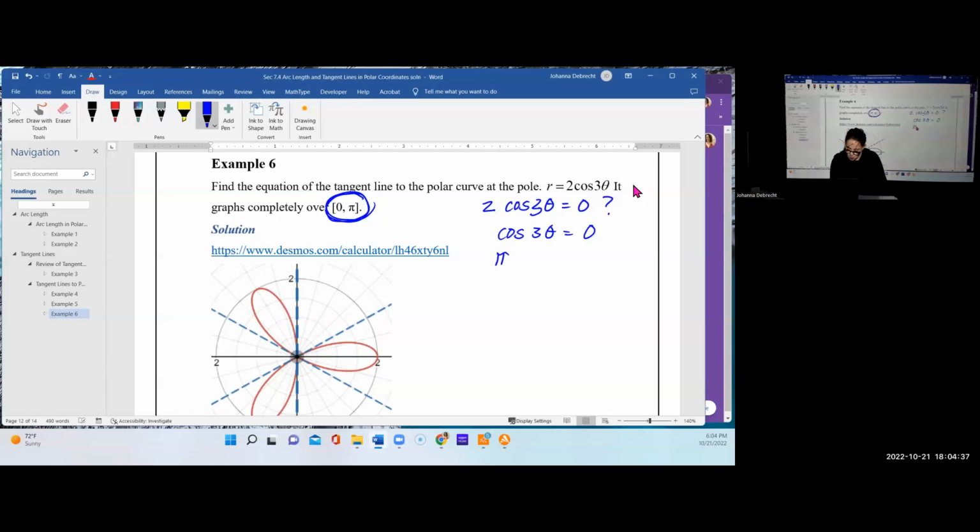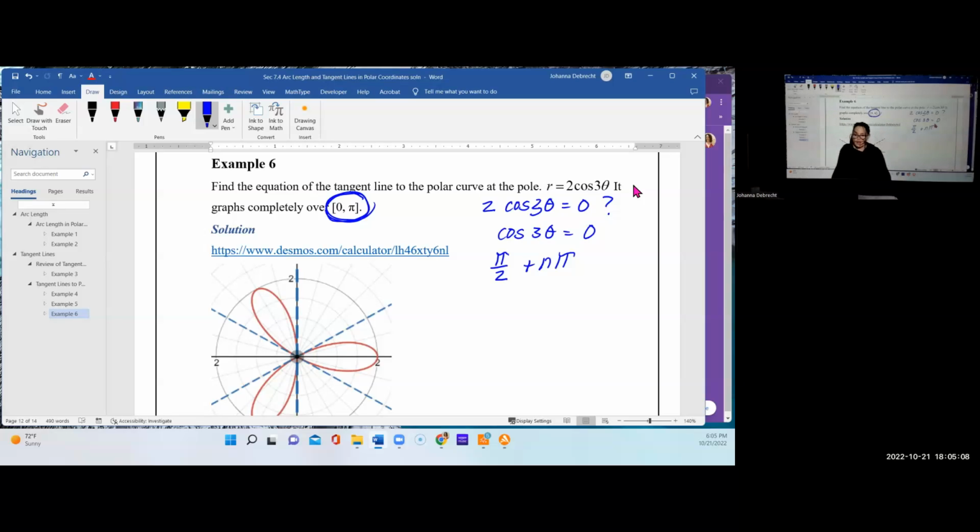I know that at pi over 2, it's definitely 0. And it also is going to be 0 at 3 pi over 2. So pi over 2 is here, and 3 pi over 2 is pi away from it. So at every multiple of pi, plus n pi, I'm going to be at a place where the cosine is 0. So at pi over 2, and at 3 pi over 2, and at 5 pi over 2, etc.